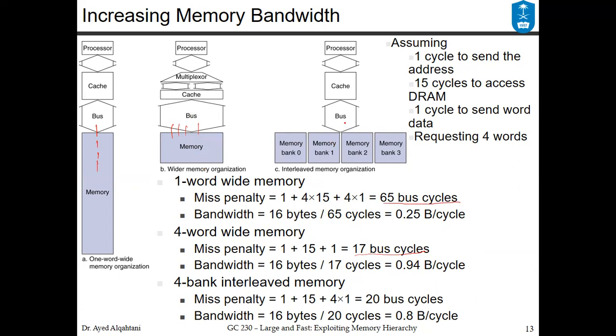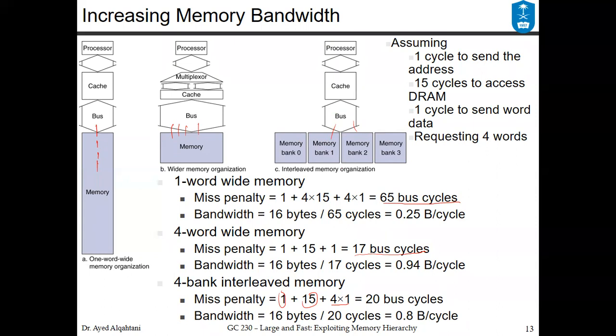Now, if you have this organization with 4 banks, or a 4-bank interleaved memory, as you can see, you have bank 0, 1, 2, and 3. What happens here is you will have 1 cycle to send the address and only 15 cycles to do the 4 words together in parallel, but you still need 4 times a single cycle to send the data back from the different banks.